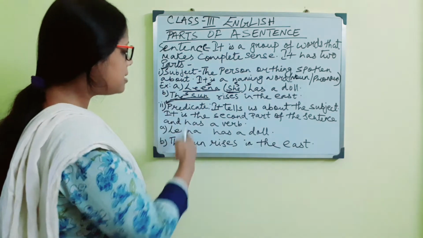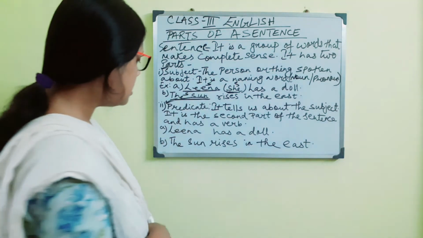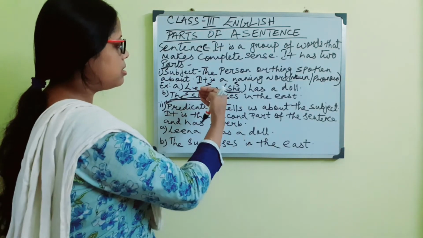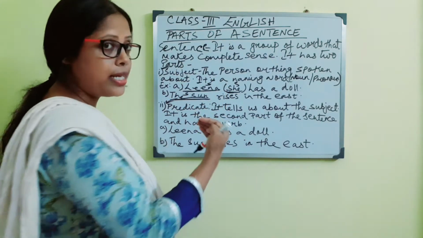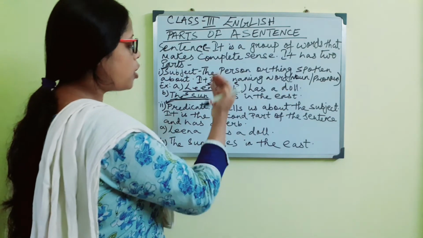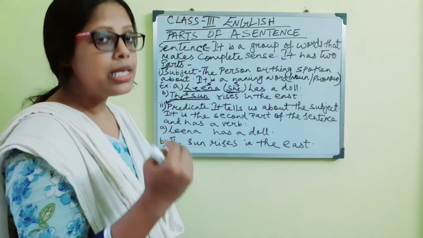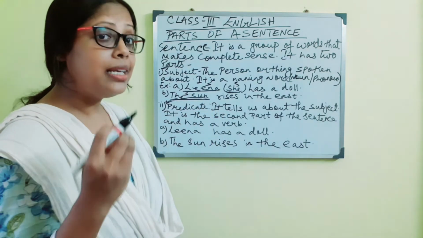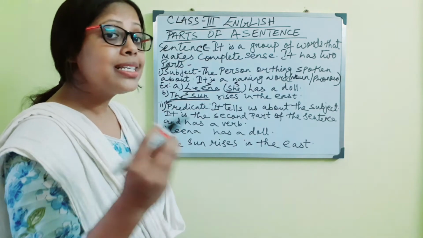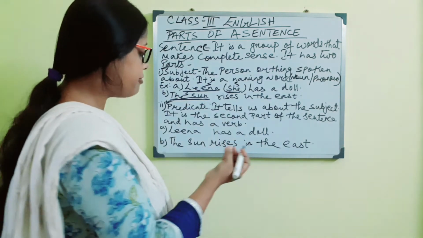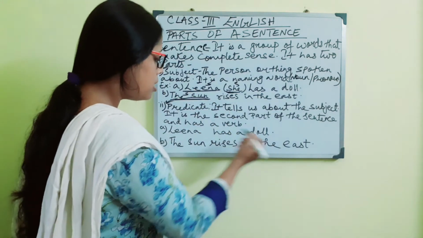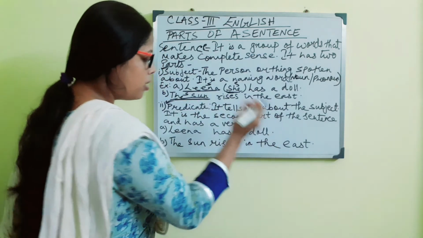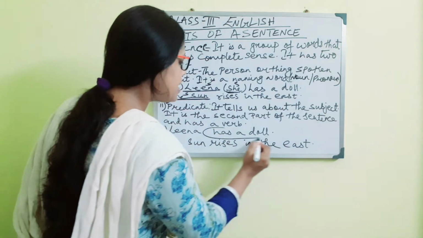Now, let us see the same example we have taken here. Lena has a doll. As we have seen in the first part, we are talking about Lena. So, Lena is the subject. Now, in the predicate, it is saying what Lena has.